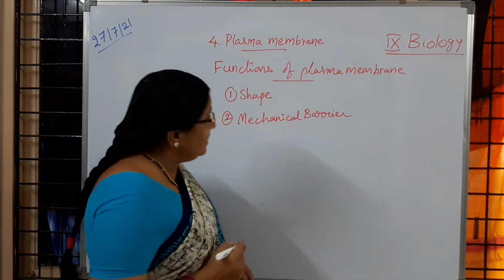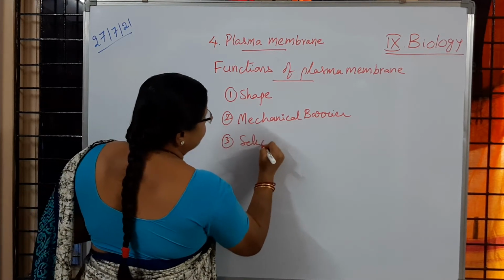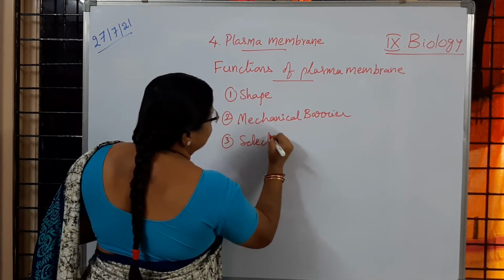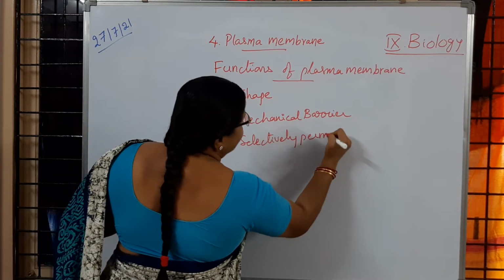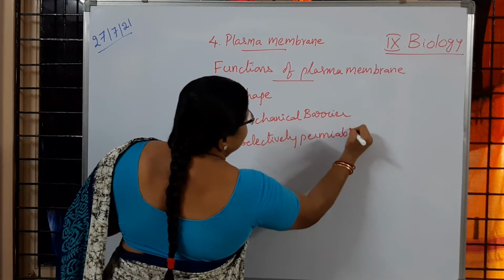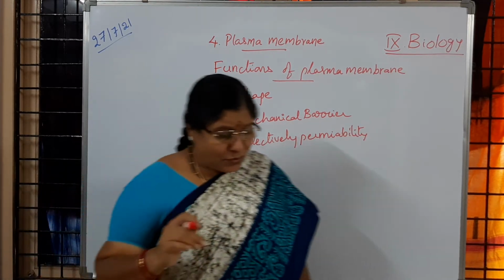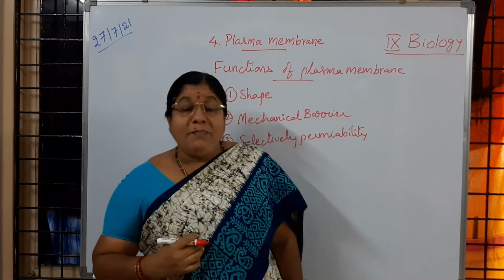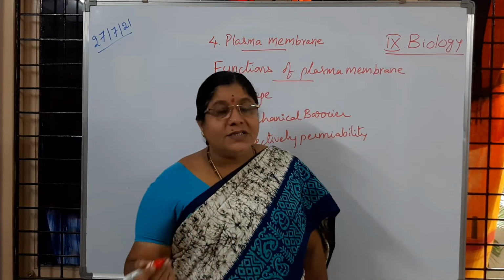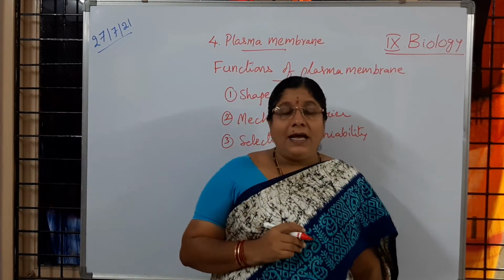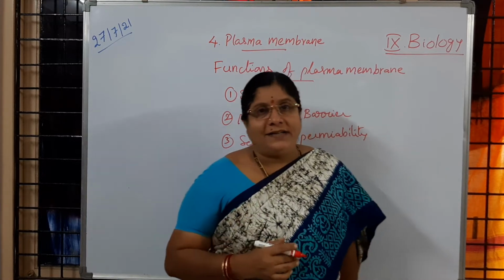Then selective permeability. So what does it mean? The membrane is determining which substances should enter inside the cell and which substances are not supposed to enter inside the cell.